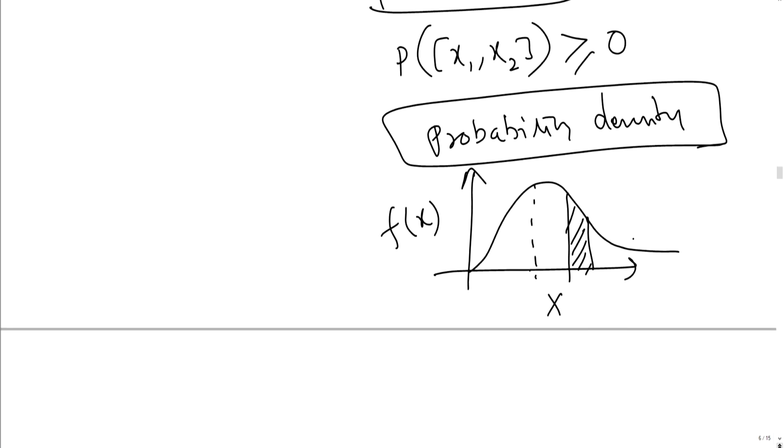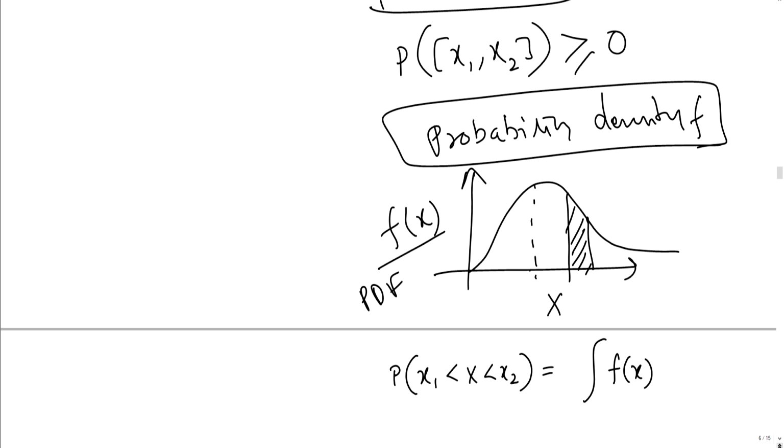It is possible if you apply the third axiom here and say that the probability of x being between x1 and x2 is given by the area under this probability density function fx. We call it the PDF, probability density function.